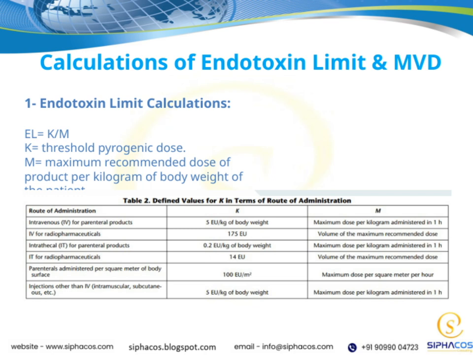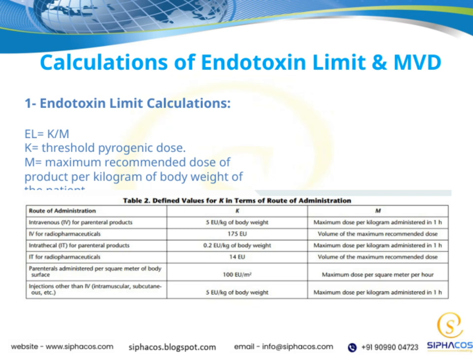When we calculate the endotoxin limit, we're essentially ensuring that the amount of endotoxin introduced with the product stays below this threshold to prevent adverse reactions. This process ties directly into our overall goal of ensuring product safety and efficacy, especially in injectable and sterile products.